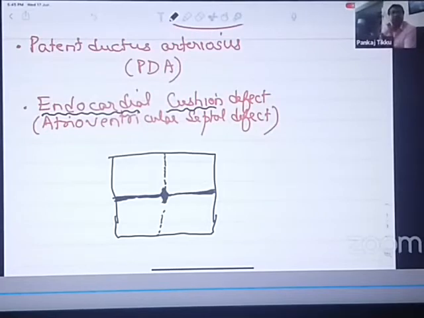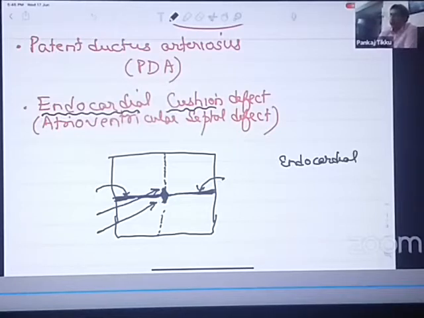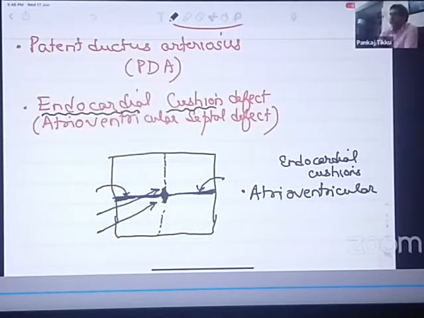So don't focus on the lines that are dotted. Just focus on these lines which are pointing to the arrows. What you can see is these four things are being formed by the endocardial cushion. During embryology, endocardial cushions take part in the formation of, first, the atrioventricular septum.